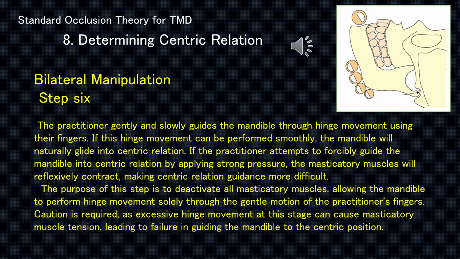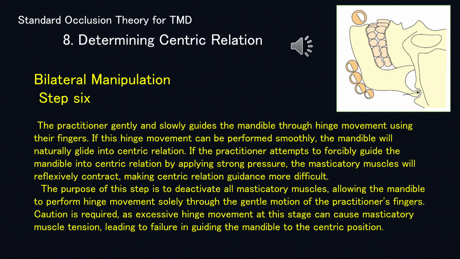Bilateral manipulation. Step 6. The practitioner gently and slowly guides the mandible through hinge movement using their fingers. If this hinge movement can be performed smoothly, the mandible will naturally glide into centric relation. If the practitioner attempts to forcibly guide the mandible into centric relation by applying strong pressure, the masticatory muscles will reflexively contract, making centric relation guidance more difficult.